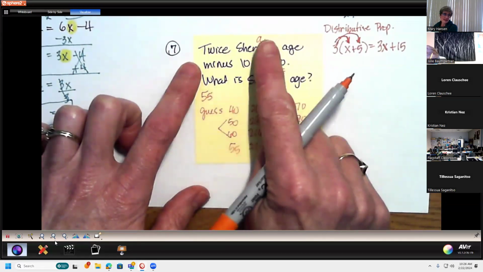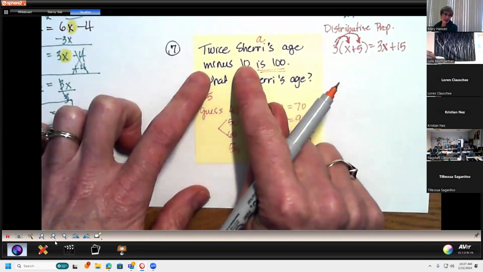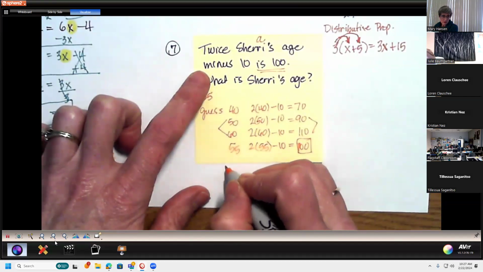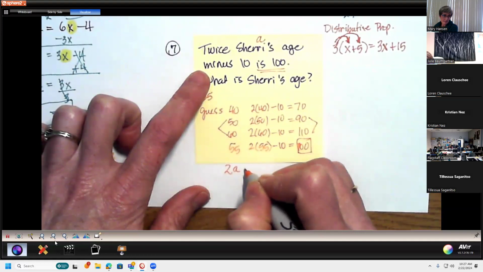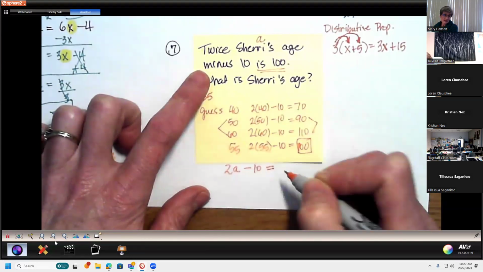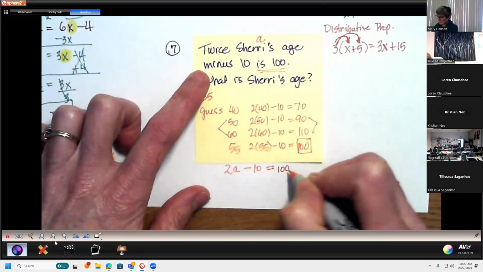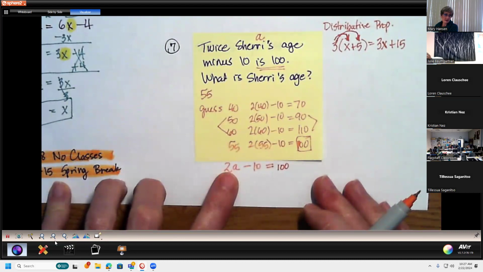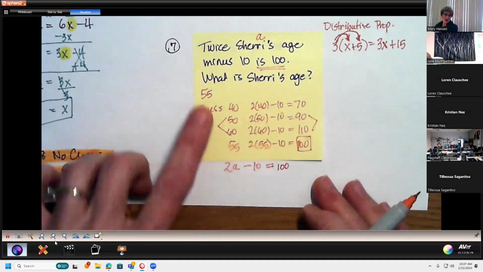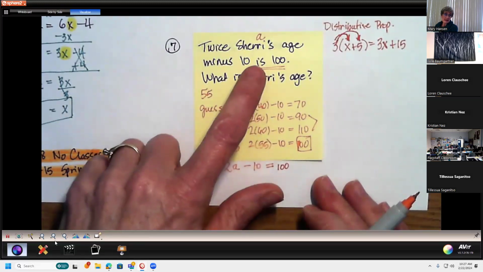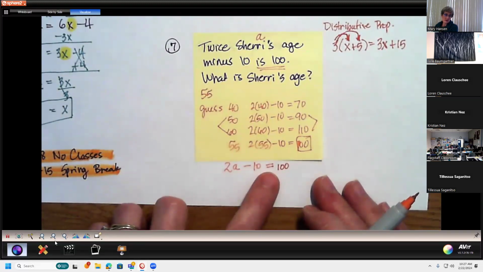So it says twice A minus 10 is 100. Twice means 2 times something, 2 times her age, minus we know is subtraction, and is means equals.